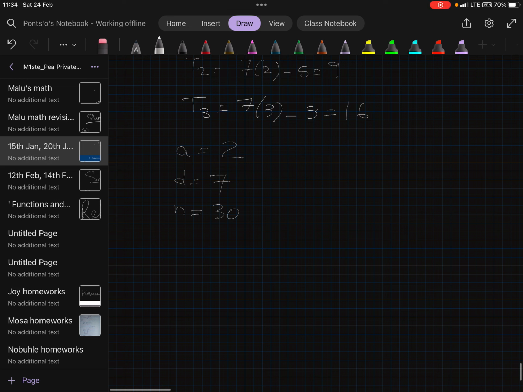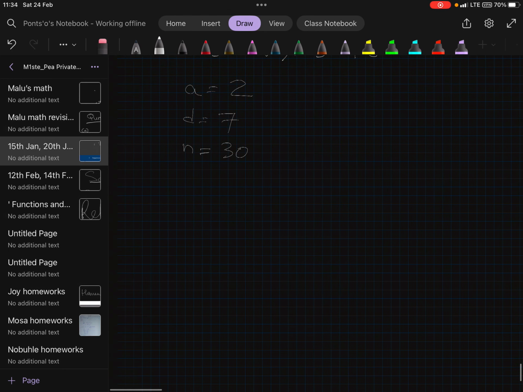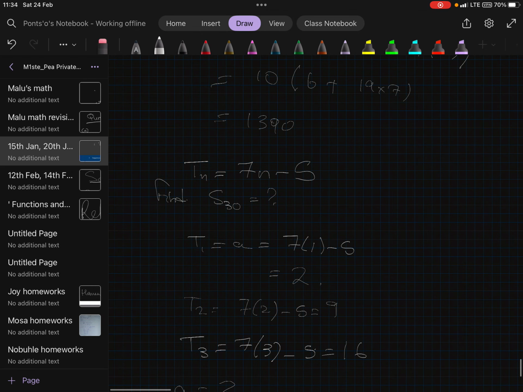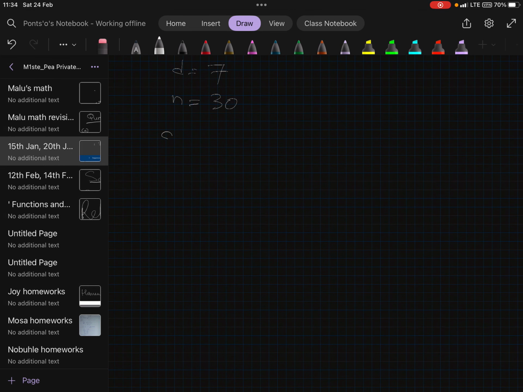Just like we use the formula to cut out the lengthy process of doing things term by term, we can use that same formula for the sum to the nth term of an arithmetic series. So we can write the formula down. Sn equals n divided by 2 times 2a plus n minus 1 times the common difference. And we can just substitute everything.